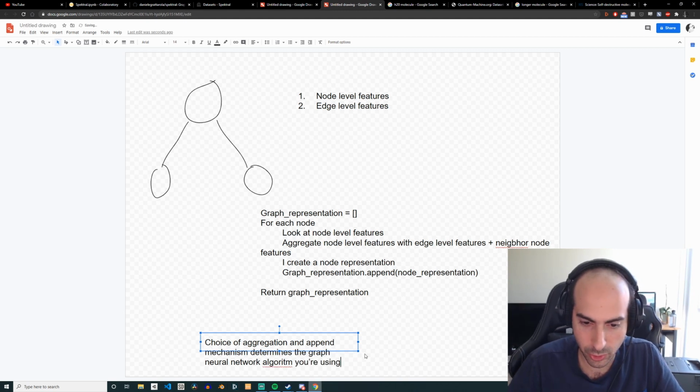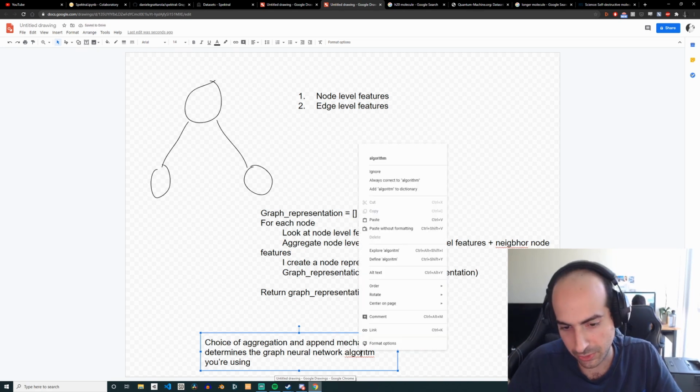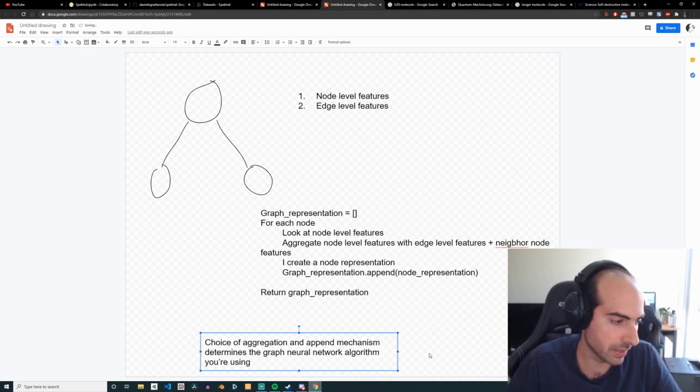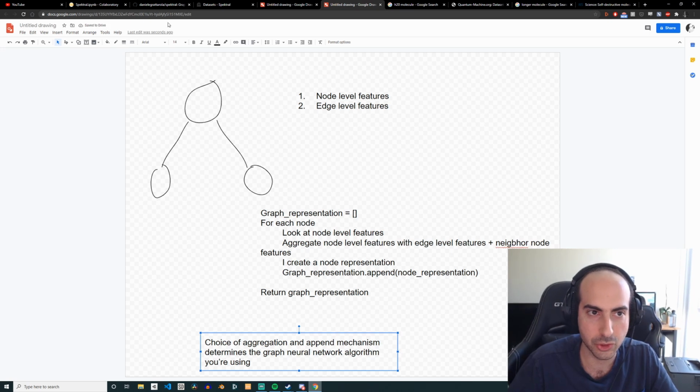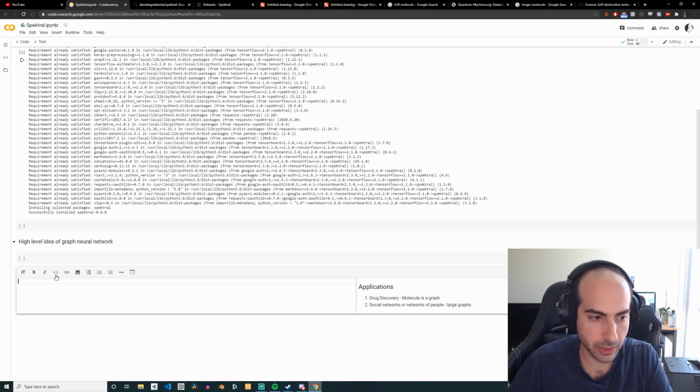So these 2 choices uniquely determine the algorithm you're using. And of course, there's a third one, which is the actual data set that you're using to do some sort of interesting prediction. So, enough talking. Let's just do some coding.